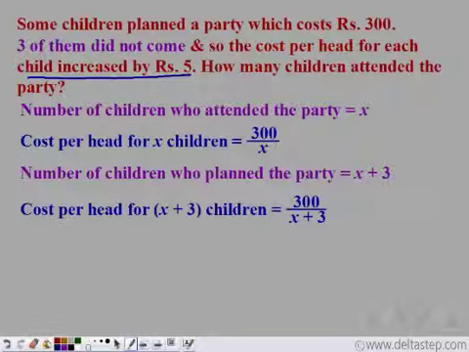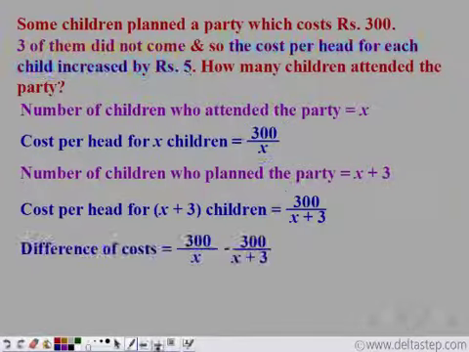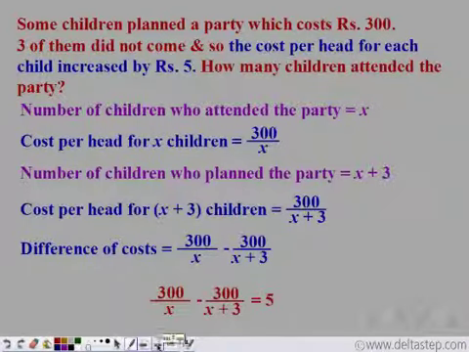So we need to find the difference of the two costs. The difference of the two costs will be this minus this. So the difference of costs will be 300 by X minus 300 by X plus 3. And it is given that this difference is equal to rupees 5.